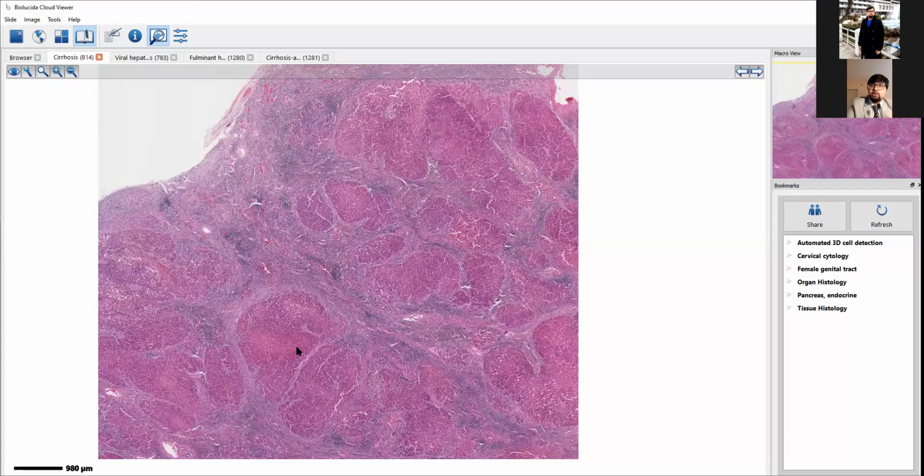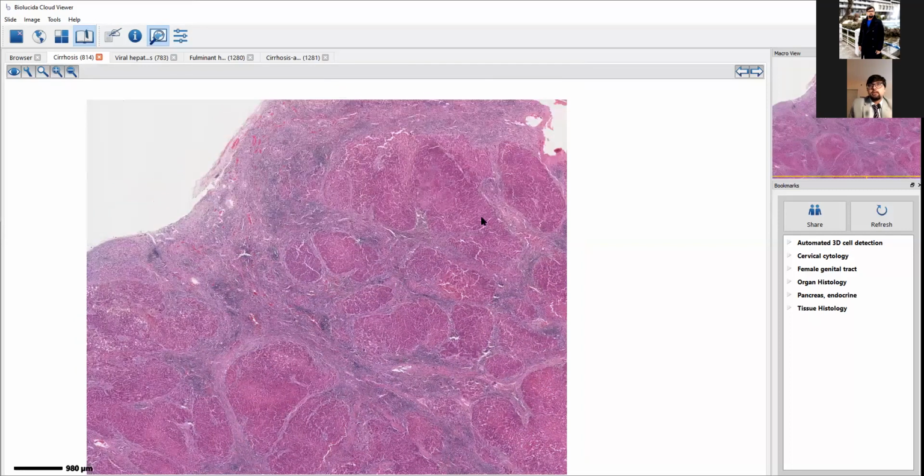This is macronodular cirrhosis, because look at the size of the nodules. They're huge, right? Let's go up here and you see they're quite huge. And this is an advanced case of cirrhosis because there are no central veins here at all. All the central veins have been utterly destroyed.